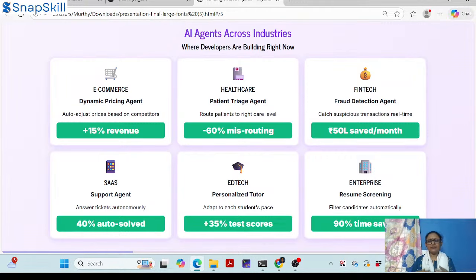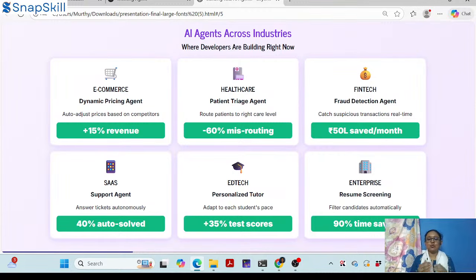Then, a very important domain is the healthcare domain. In healthcare, we want fast output and accurate output. To get that, we have to build an agent in such a way that it takes patient details and then routes the patient to the proper doctor. So we can save time, or else the patient has to go into that particular hospital and take an appointment, which is a time-consuming process.